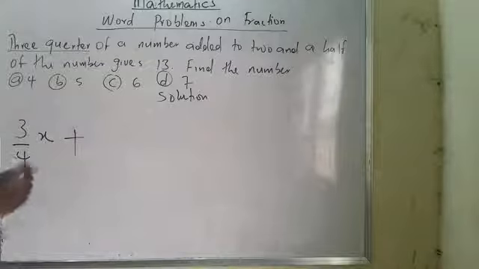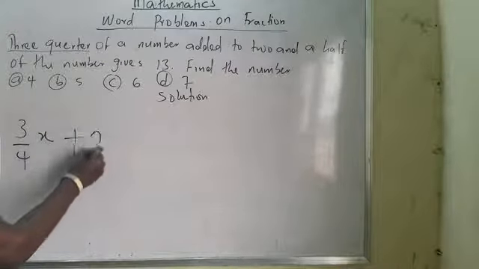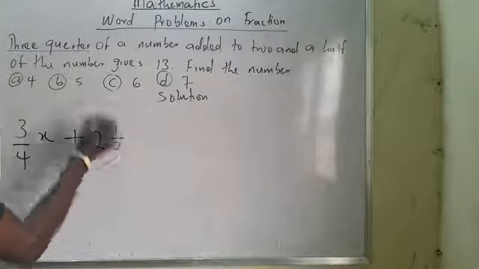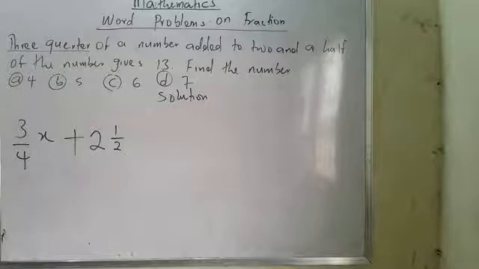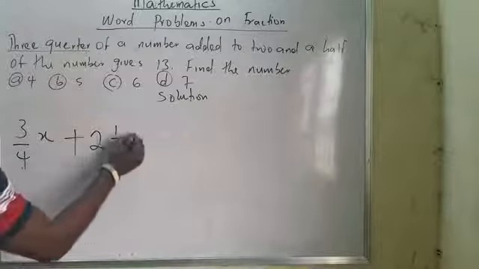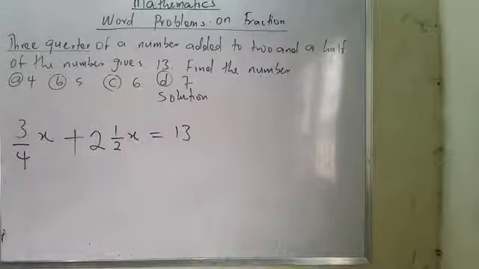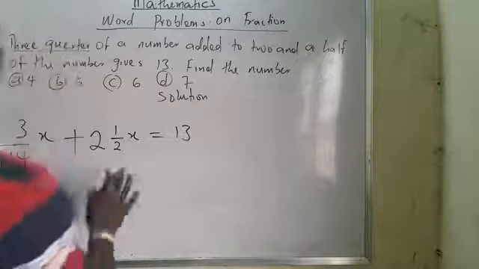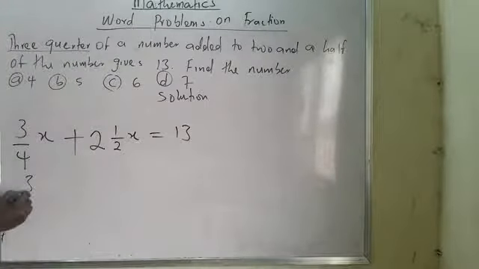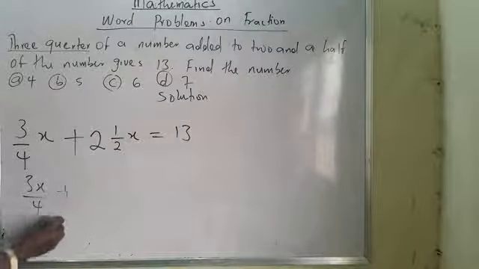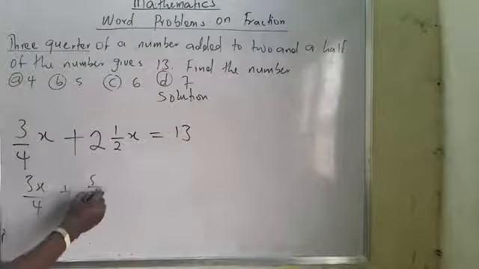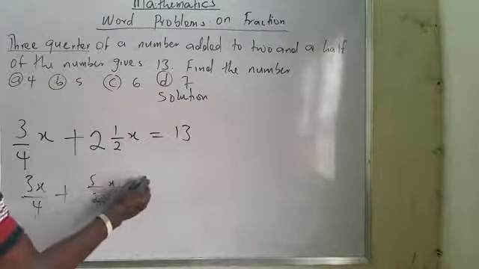2.5 of the number gives 13. That is how to treat a word problem. By so doing, I have 3x/4 plus 5/2x equals 13.